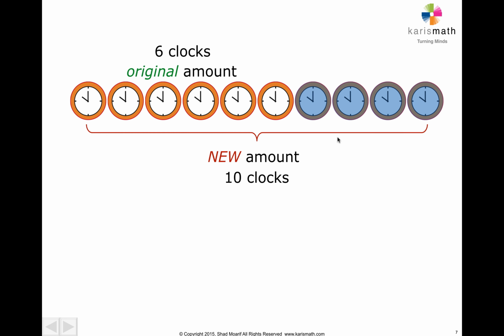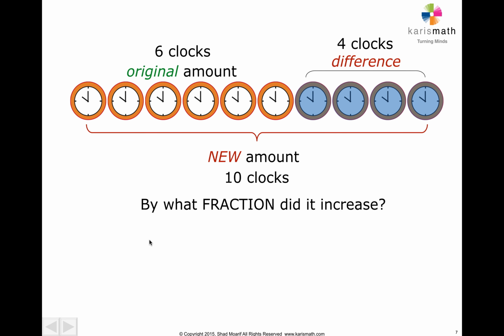Notice how we get the new quantity. The original quantity plus what we added is the new quantity. So this is actually the difference, isn't it, between the original amount and the new amount, 4 clocks. So if we want to think about it, by what fraction did it increase? Notice what we did. By what fraction of the original did it increase?